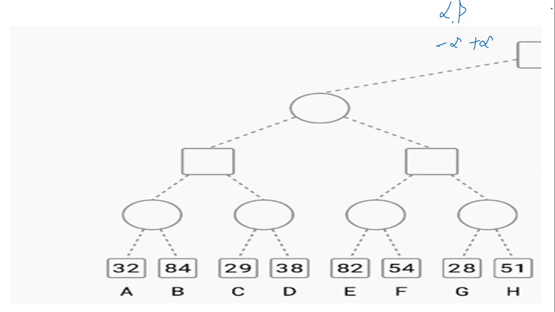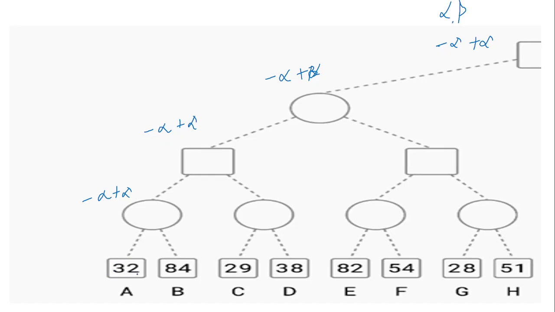The same procedure will move here: minus infinity, plus infinity at each node. Now at this particular node, first it will visit this node, 32.